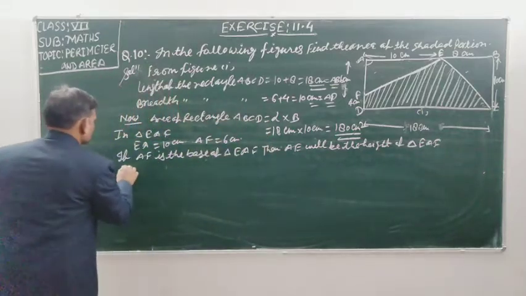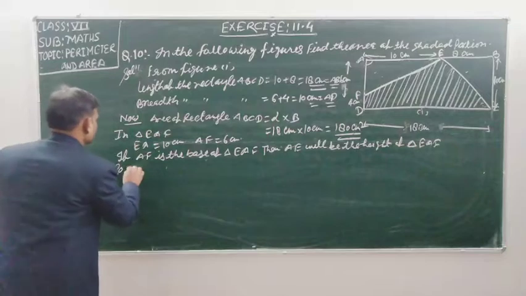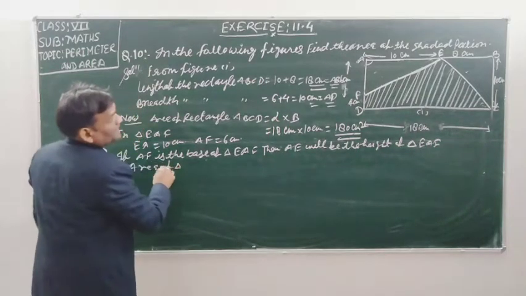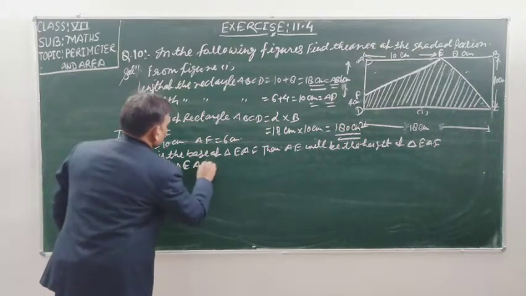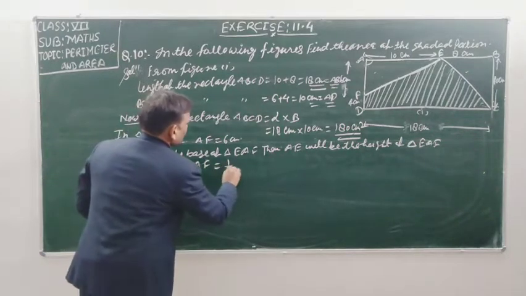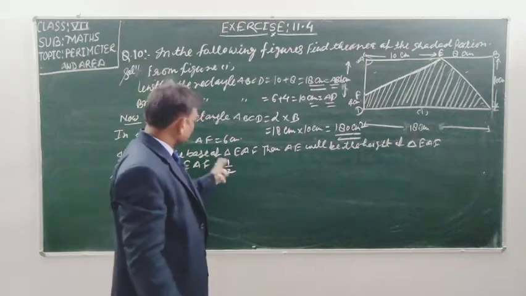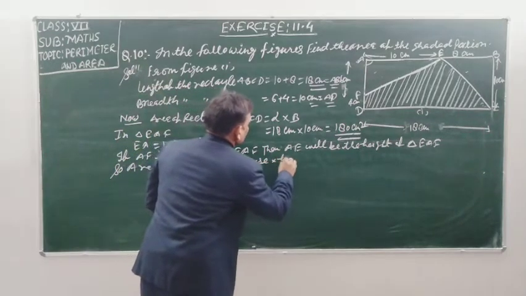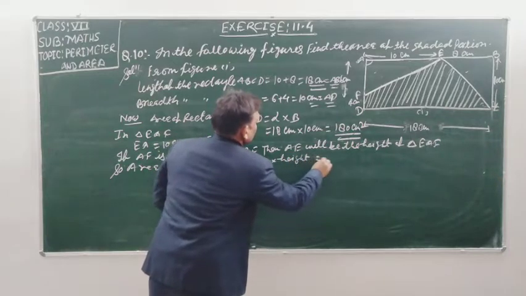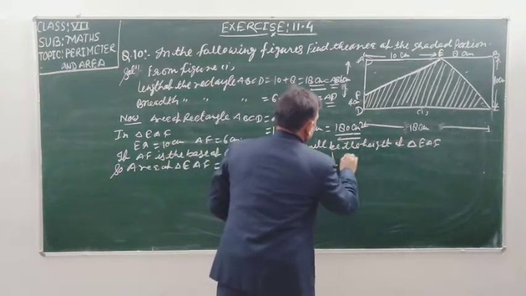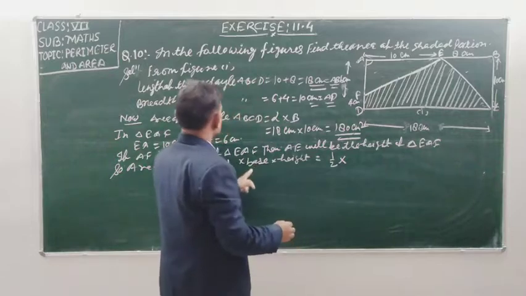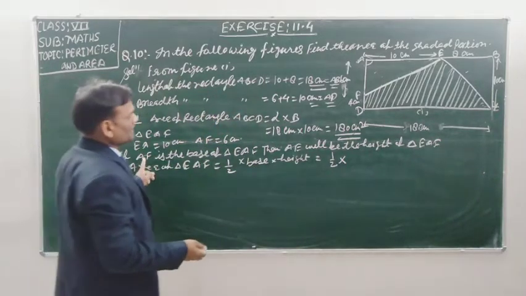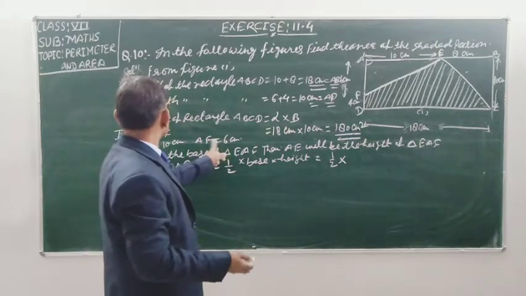Then the area of triangle EAF is equal to the formula. How can we find out the area of the triangle? 1/2 base into height. Base, you are assuming base AF, and AF is equal to 6 centimeter.